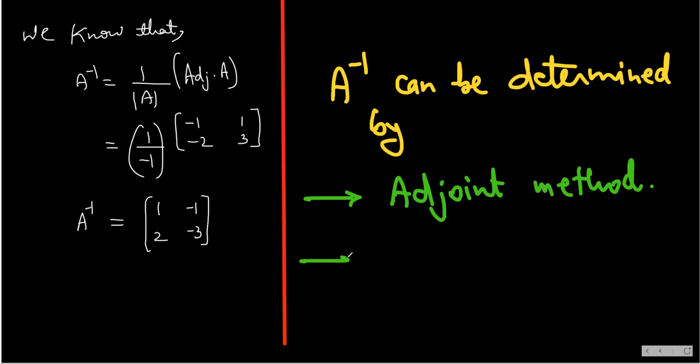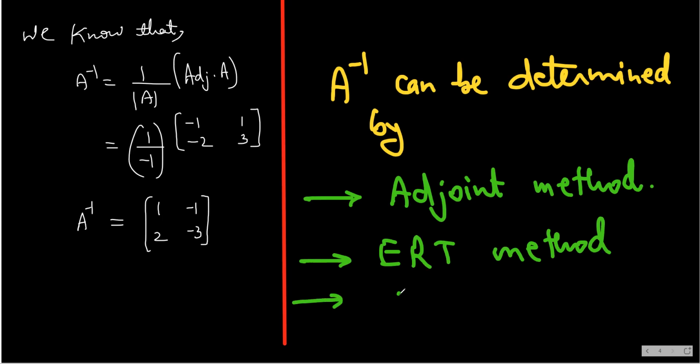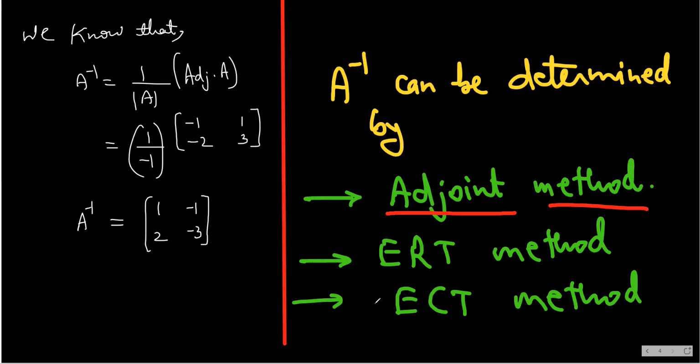The second method is the elementary row transformation method. And the third method is the elementary column transformation method. We have just done the adjoint method, so we are left with 2 more methods, which now I'm going to teach you.